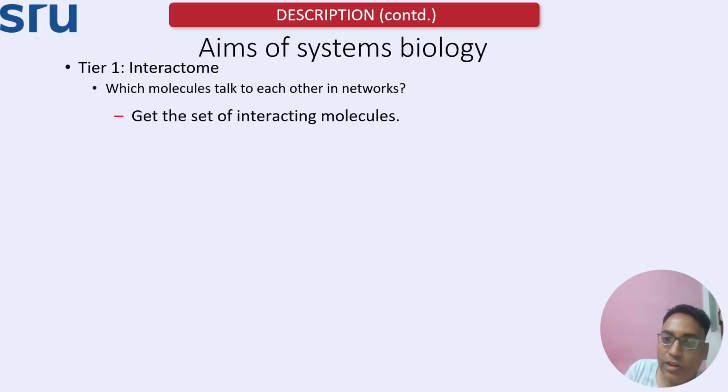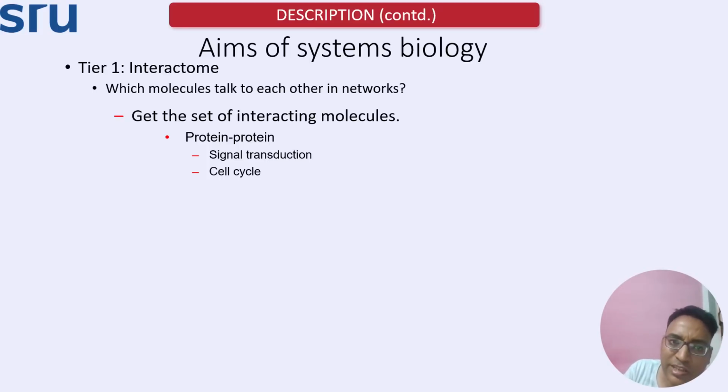So what are the major aims of systems biology? To find out which molecules interact and talk to each other in a network. The basic metabolic network, which molecules are actually interacting.